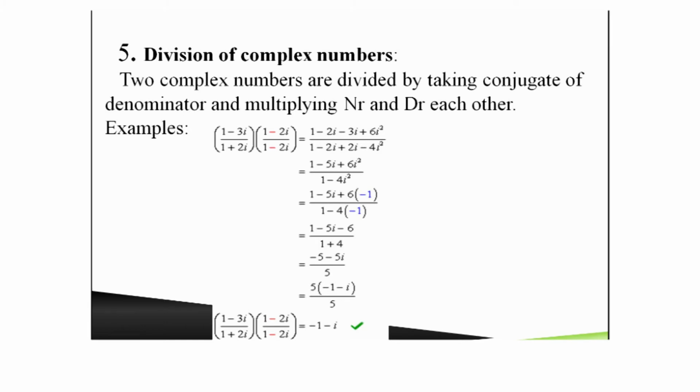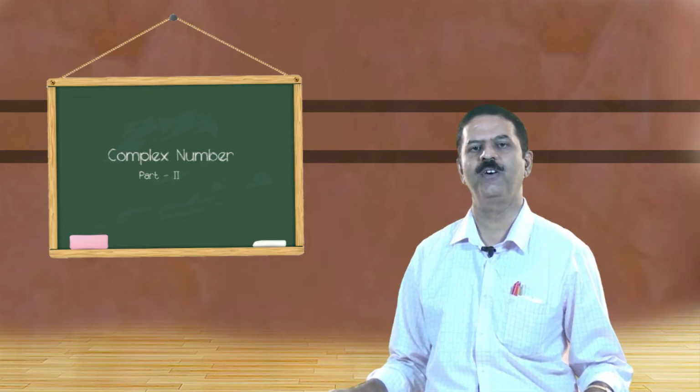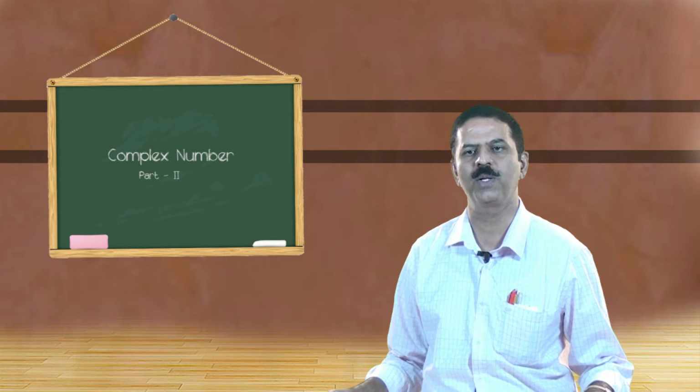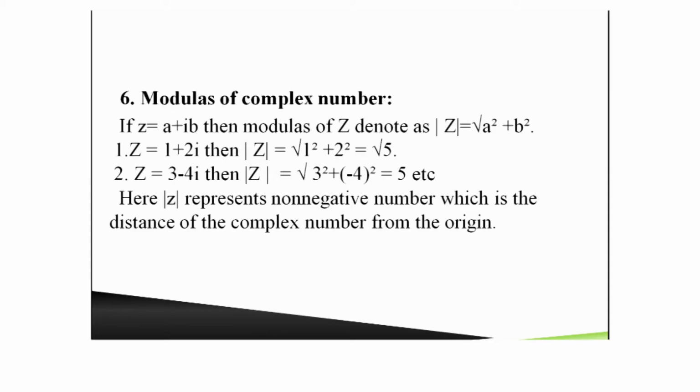Observe it properly. Next, one more concept that we are going to define is the modulus of a complex number. Suppose z is equal to a plus ib, then the modulus of z, which we denote in two parallel bars, mod z, is equal to the square root of a square plus b square.